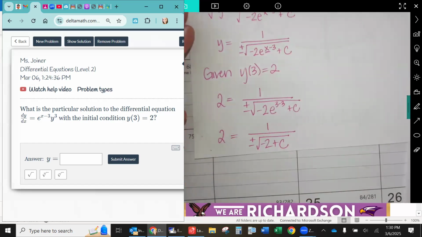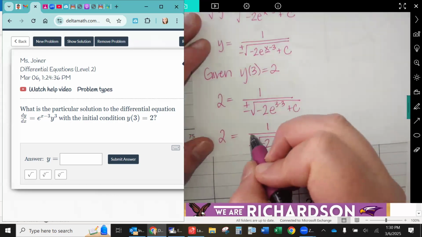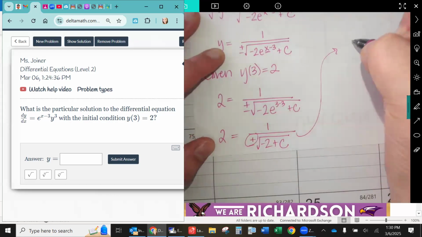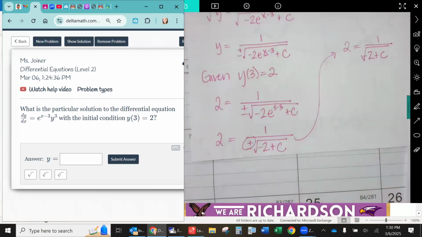From there, we're going to pick the plus or the minus before we square both sides. If I'm trying to match a 2 on this side, which one do I want to pick? The plus. Then I have 2 equals 1 over positive square root of negative 2 plus c. How do I get rid of the square root?